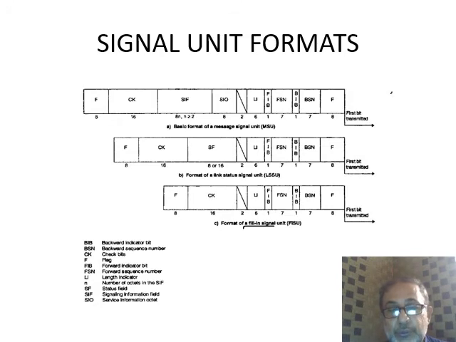And the MSU gives you the complete data. It shifts the complete data from one point to the other because it has the SIO, which is the service information octet, and the SIF, which is the signaling information field, which are not present in the other signaling units.